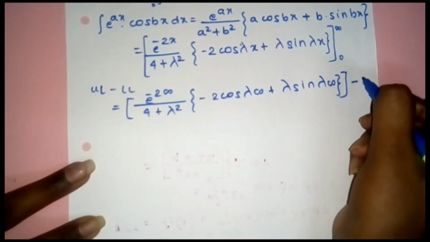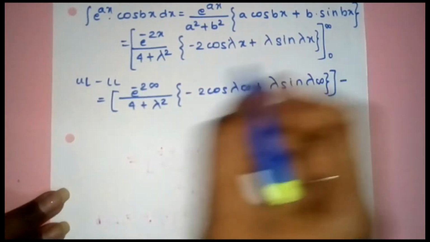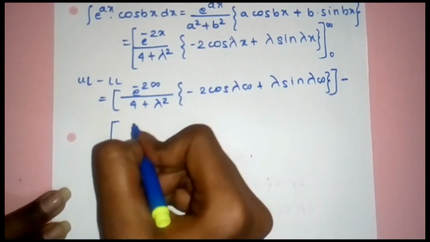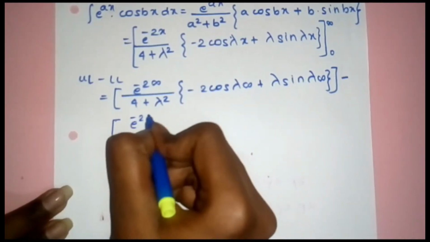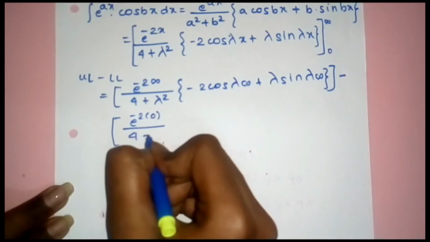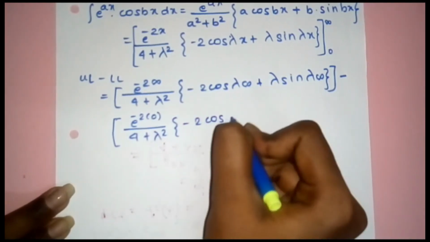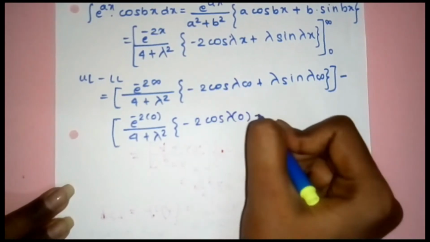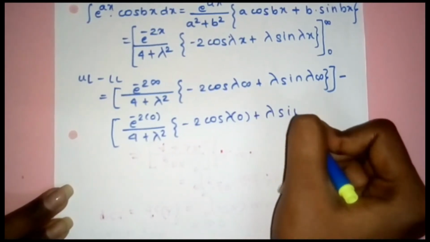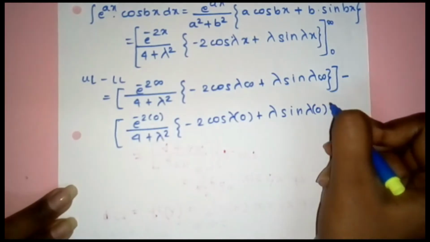So minus, now the lower limit we will put, that is 0. So we can substitute the value: e raised to minus 2 into 0 upon 4 plus lambda square into minus 2 cos lambda 0 plus lambda sine lambda 0.